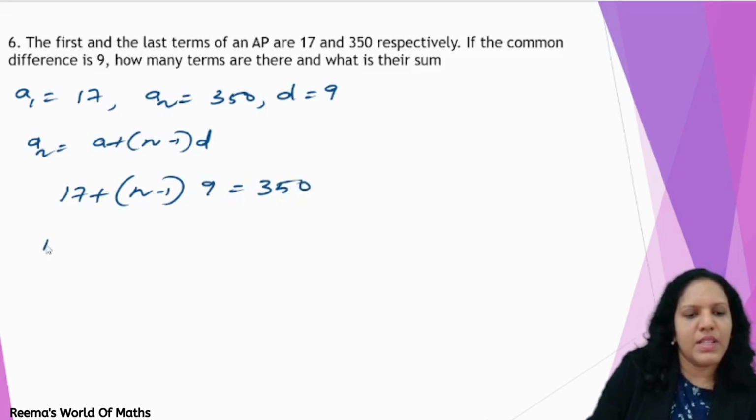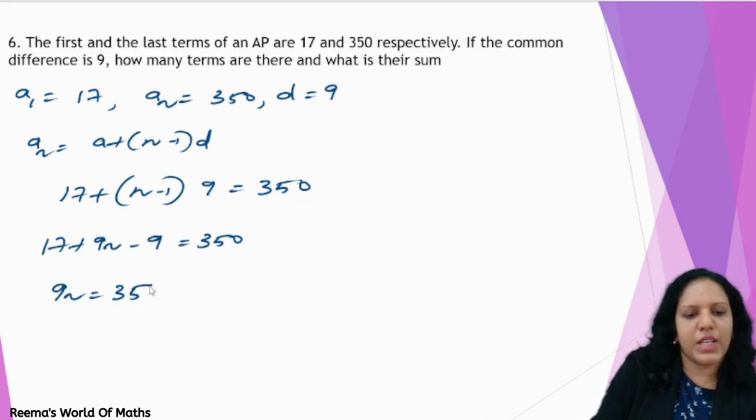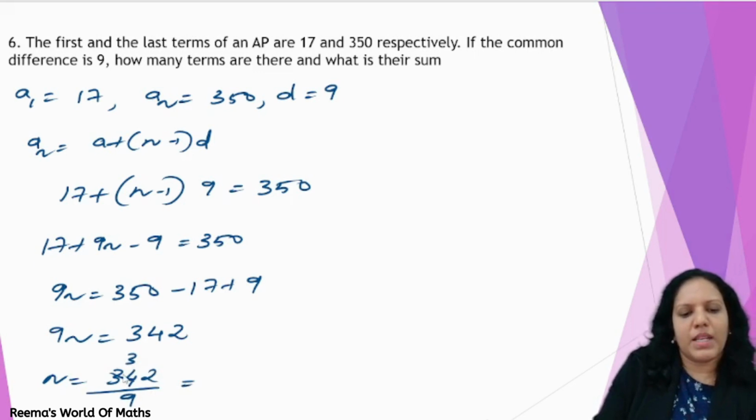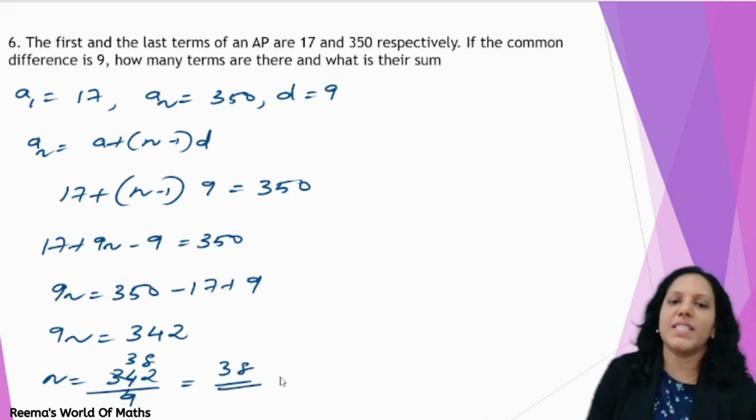So that is 17 plus 9n minus 9 equals 350, which is 9n equals 350 minus 17 plus 9, which is 9n equals 342. Correct? n equals 342 divided by 9, which is n equals 38. So the number of terms in this AP is 38.